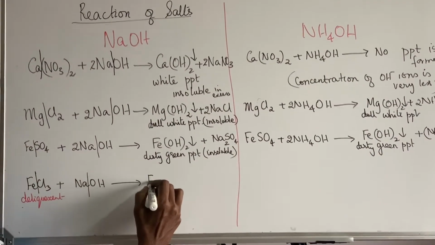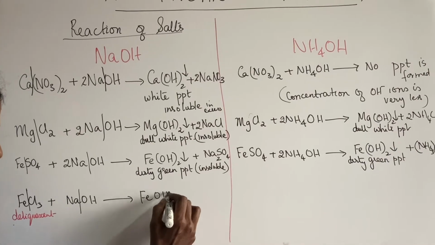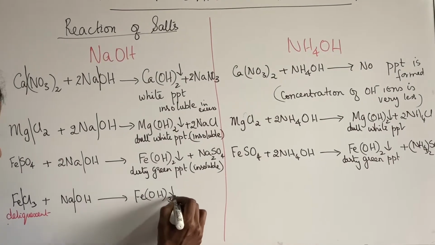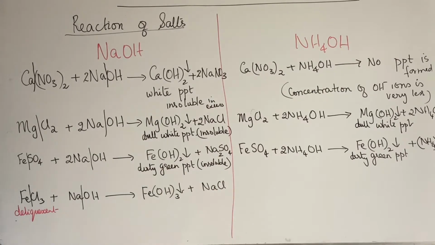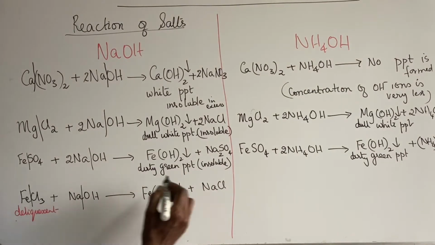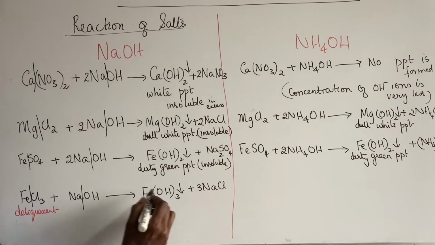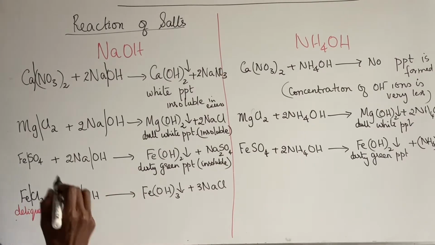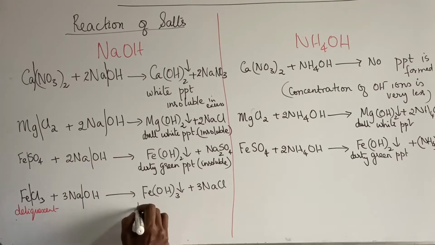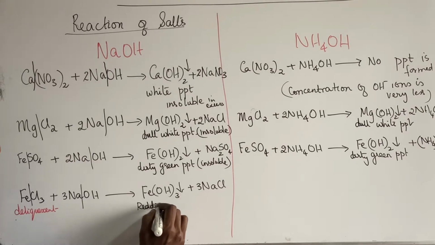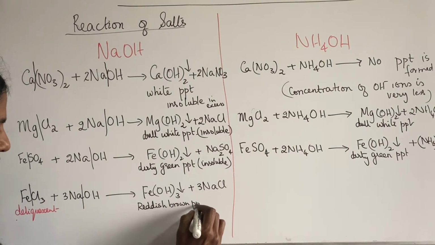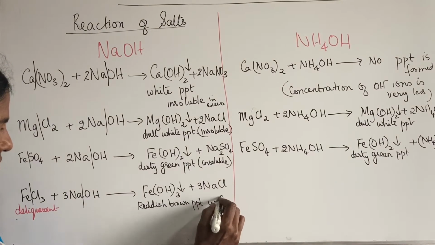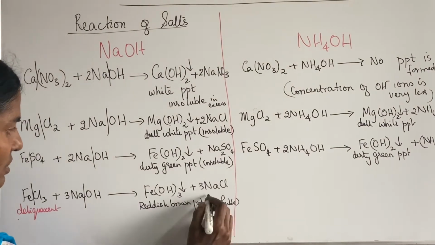So you get Fe(OH)3, which again is a precipitate, plus sodium chloride. Okay, 3 here and 3 OH, so 3 NaOH. Now this is a reddish brown precipitate which again is insoluble in excess. Okay, alright.